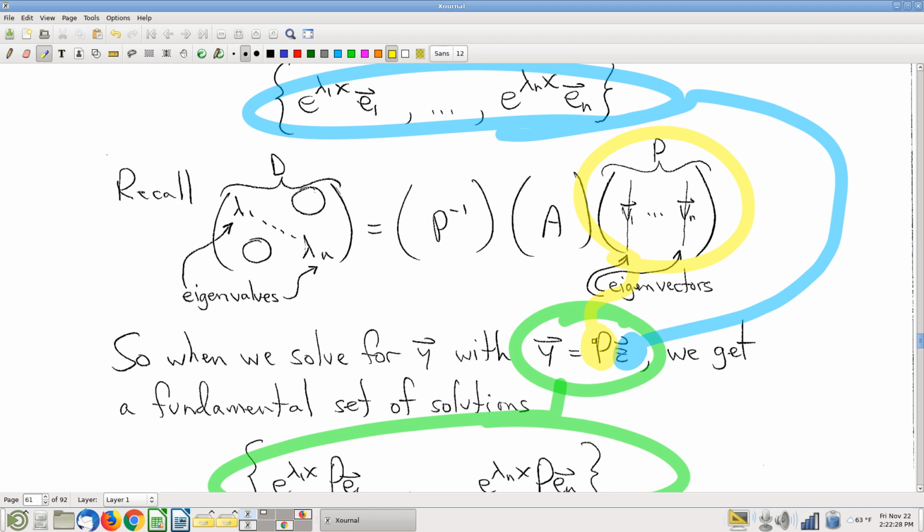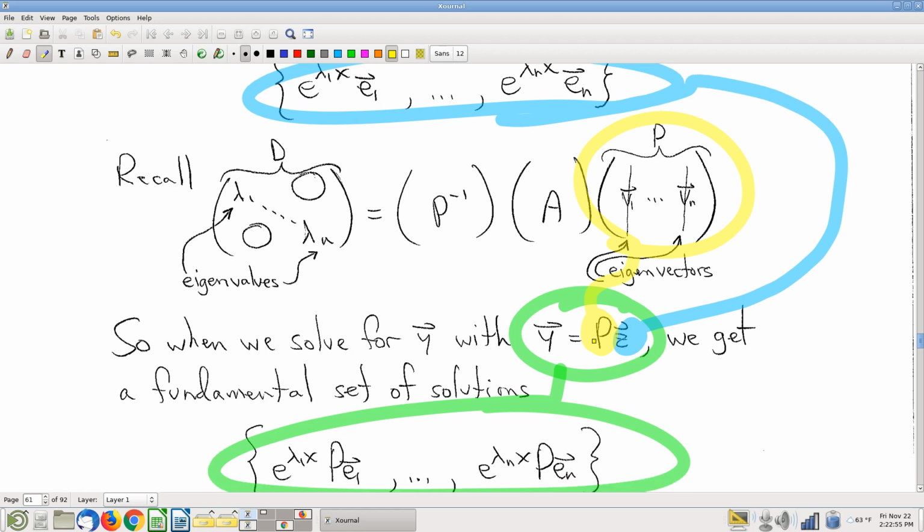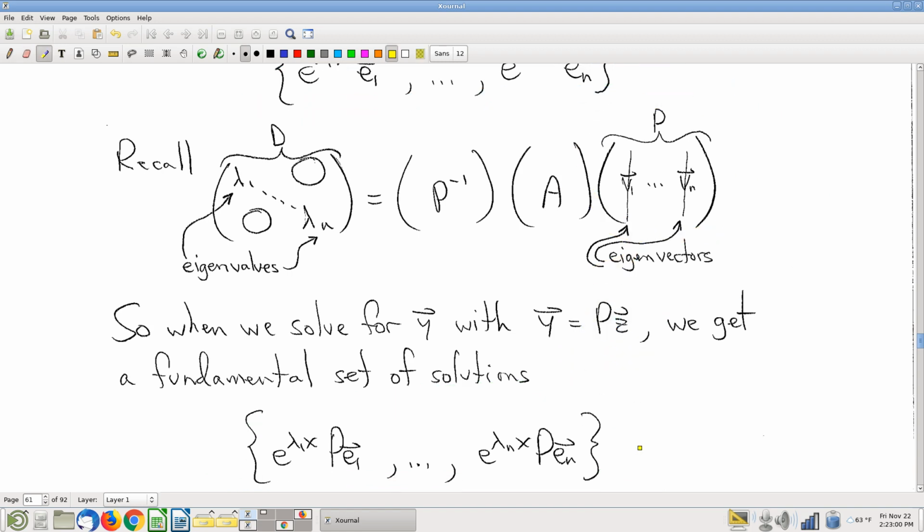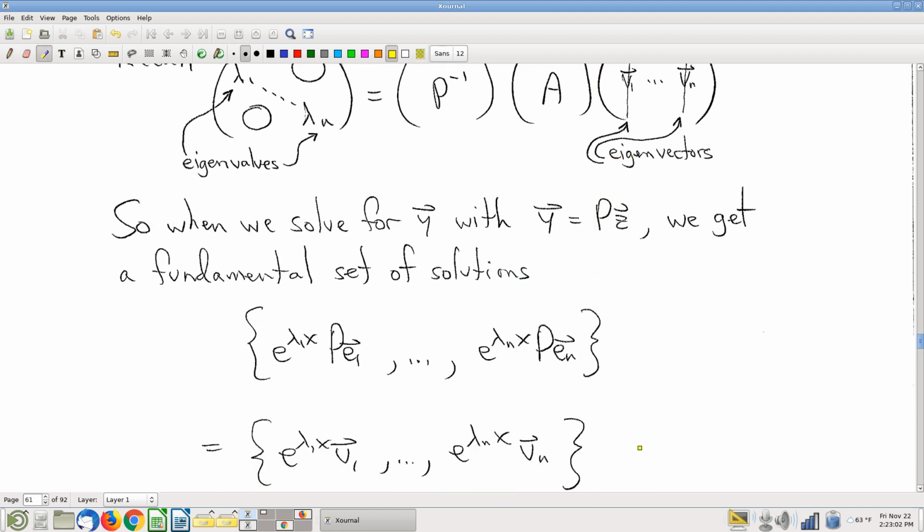So when I multiply P times Z, I'm taking a matrix that's full of eigenvectors and multiplying it by a bunch of standard basis vectors. And there are some scalars; those exponentials are just scalars. So a matrix times standard basis vectors gives you columns. The columns, we already know, are eigenvectors, and so multiplying that out, I get these eigenvectors here.